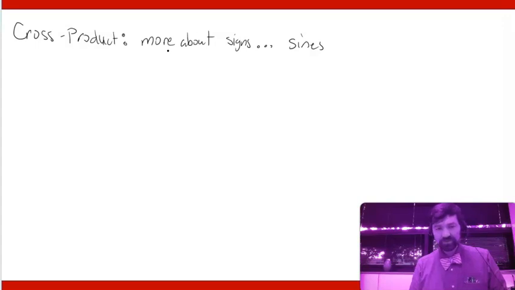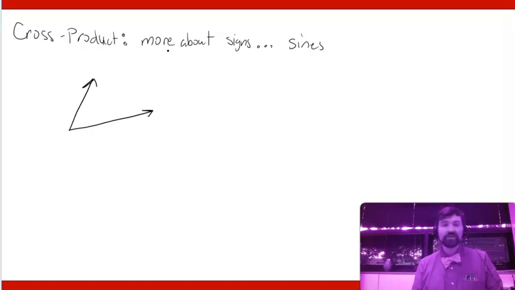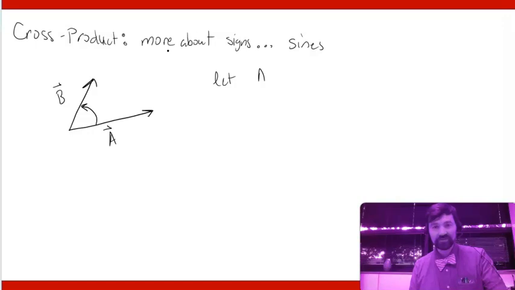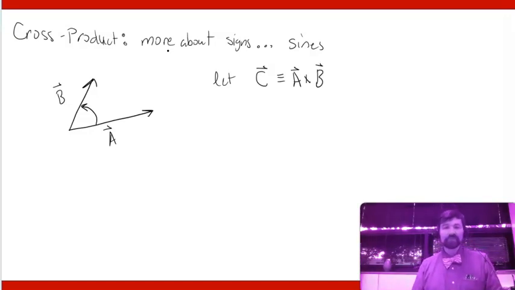One way of thinking of it beyond the right-hand rule is to just ask whether you get a plus or a minus when you take the sine of the angle. So if I'm doing vector A and I'm crossing it with vector B, let vector C always be defined as A cross B in that order.